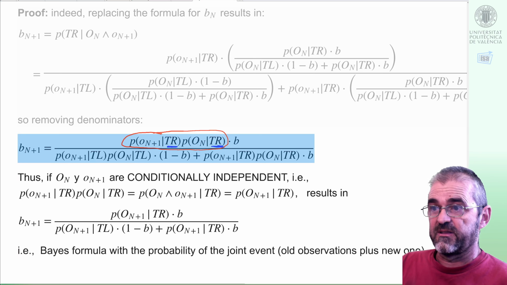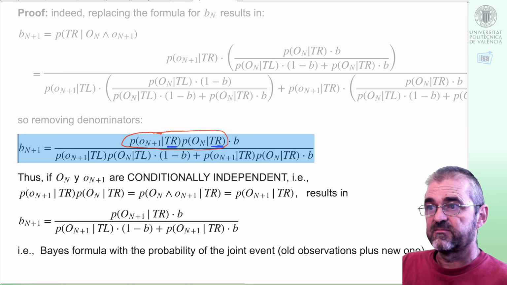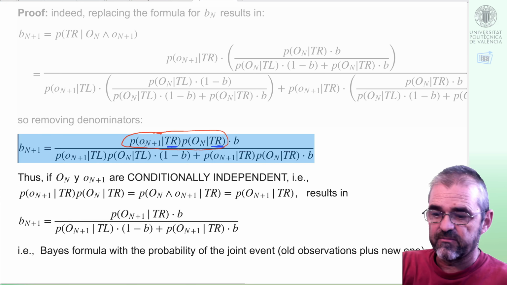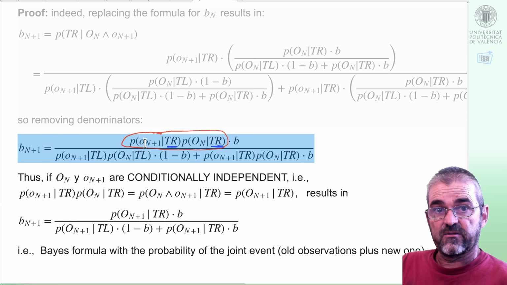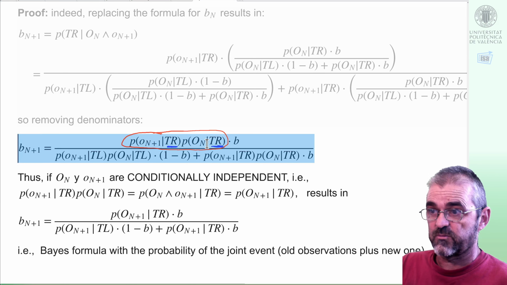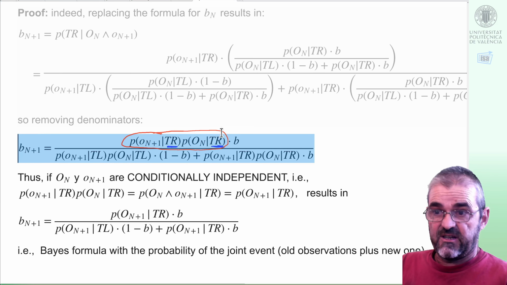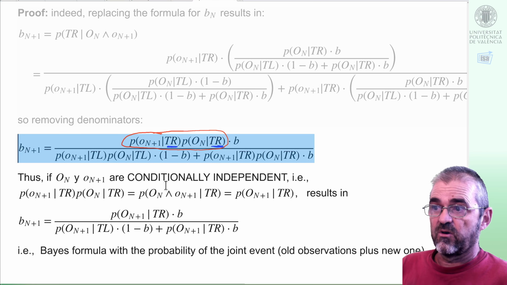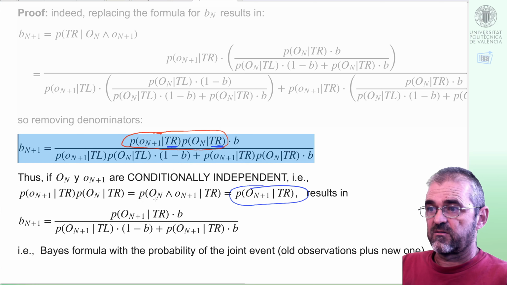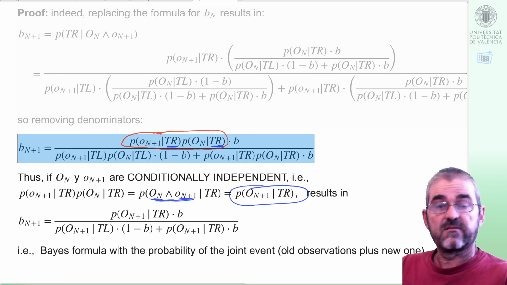So the probability of n observations, uppercase O, and the new observation, here left, here right, lowercase o, this product of conditional probabilities is, by definition of conditional independence, the probability of the set of past observations and the new observation.